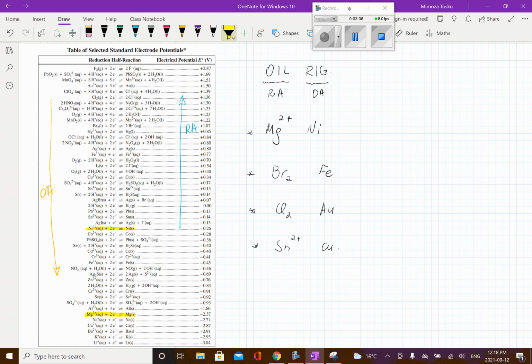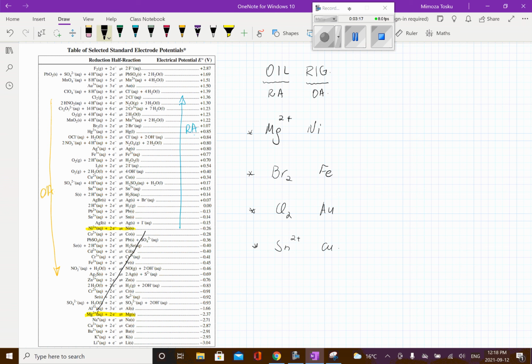Okay, so now since we have magnesium 2+ aiming at nickel, and it is going up, it is a non-spontaneous reaction, since it is not a natural flow.